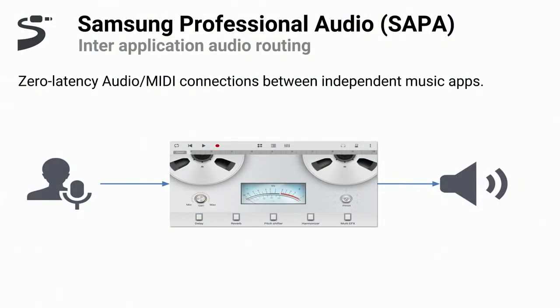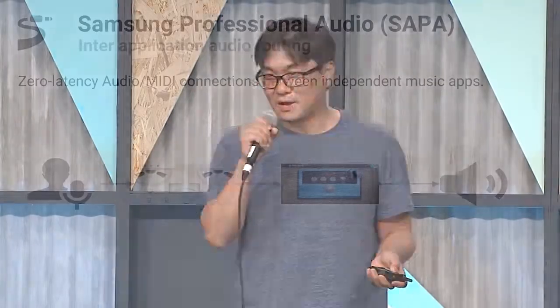Let me give more details about the inter-application audio routing. So here is an audio application you made, and you want to add some effects to the sound. Then you have to build every effect into the same application. Or using SAPA, you can connect your app to other effects apps.